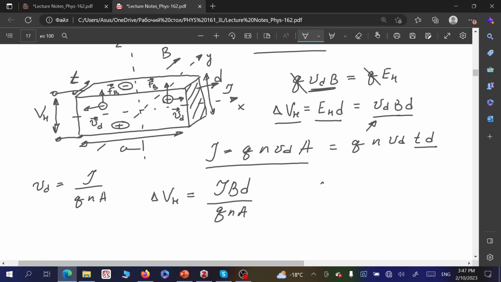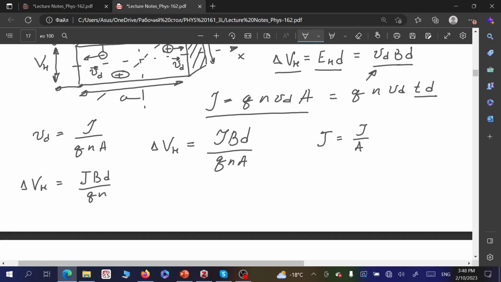So we can write here that J is equal to I over A. And we have here delta V_H equal to J times B D over Q N. So now let us make a substitution and introduce a new parameter, which is the Hall coefficient.